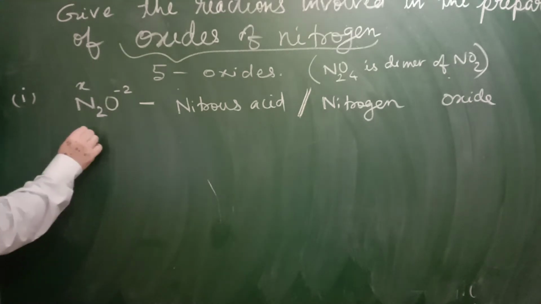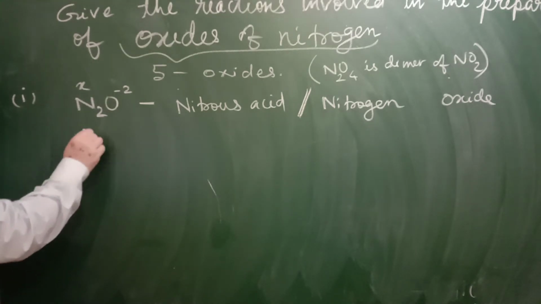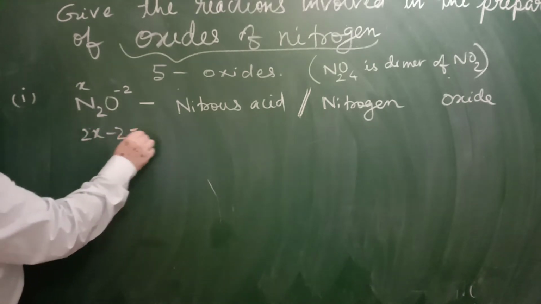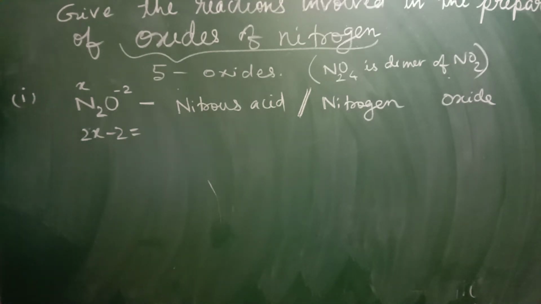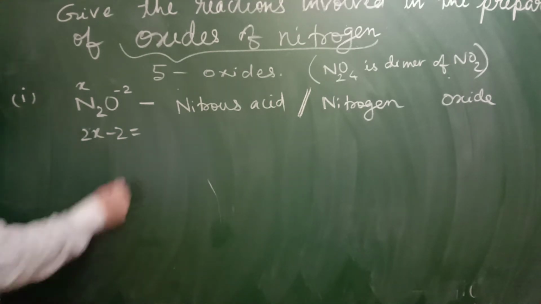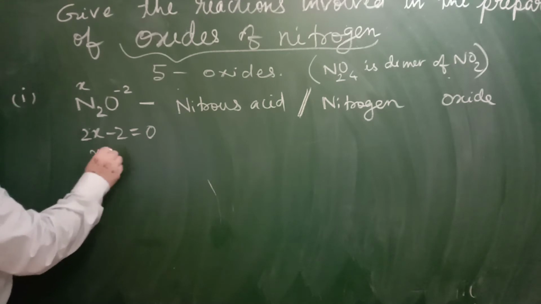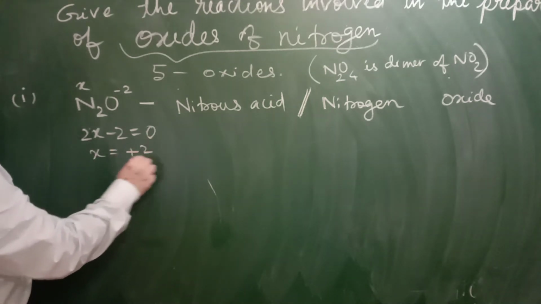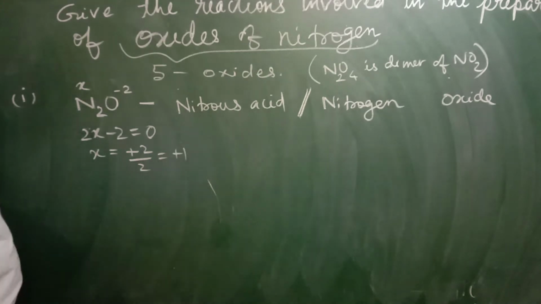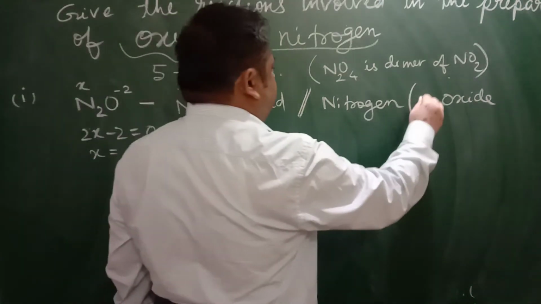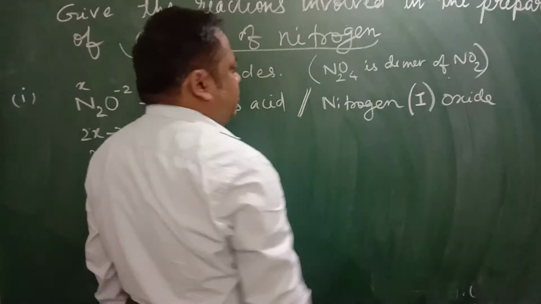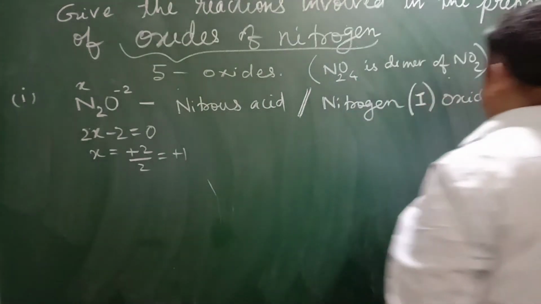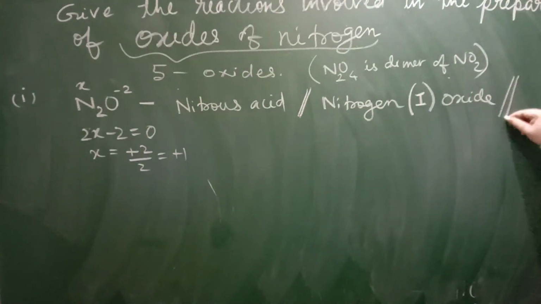So 2x minus 2 will be equal to 0. So x will be equal to plus 2 by 2, which is plus 1. So here nitrogen is in plus 1 oxidation state. This kind of method of writing chemical formula is called Stokes notation.